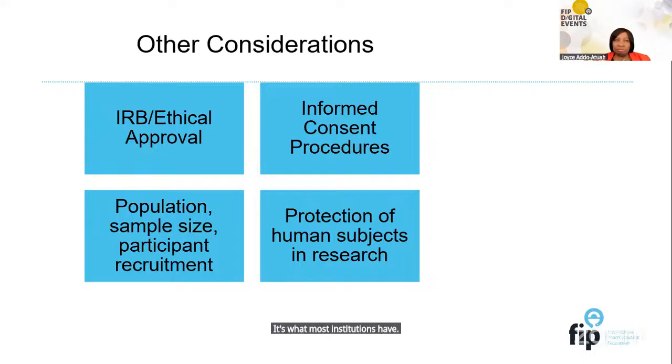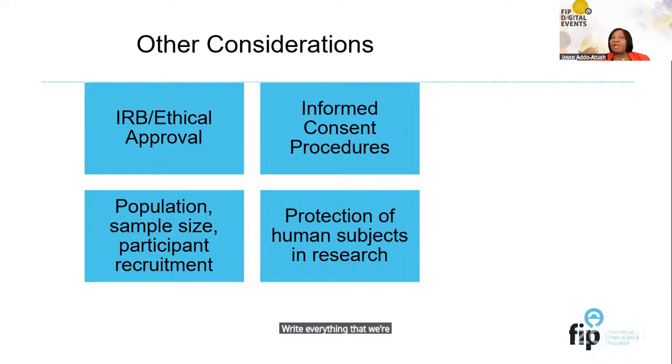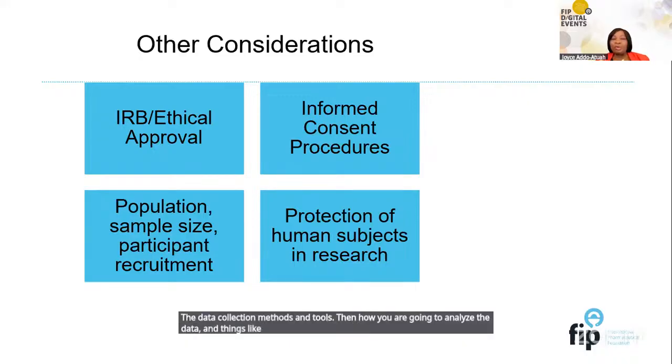Before you present your proposal for their review and approval to undertake the study, you have to write everything that you're going to do, the protocol you are going to use, the data collection methods and tools, how you are going to analyze the data and things like that. All these things will come into the IRB proposal that you are submitting.